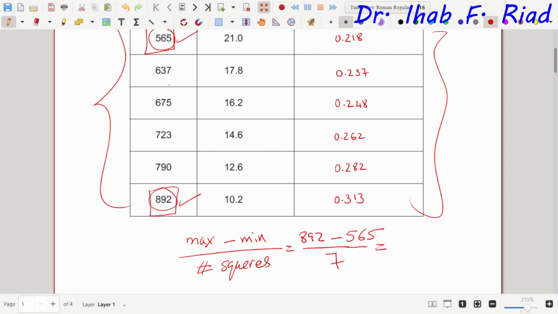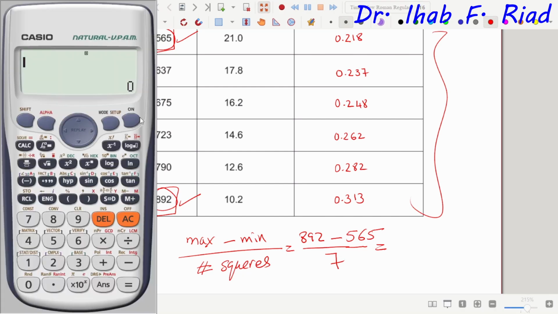How much are we going to get? Let us use our calculator. So it is 892 minus 565, divided by 7. We get something like 40.